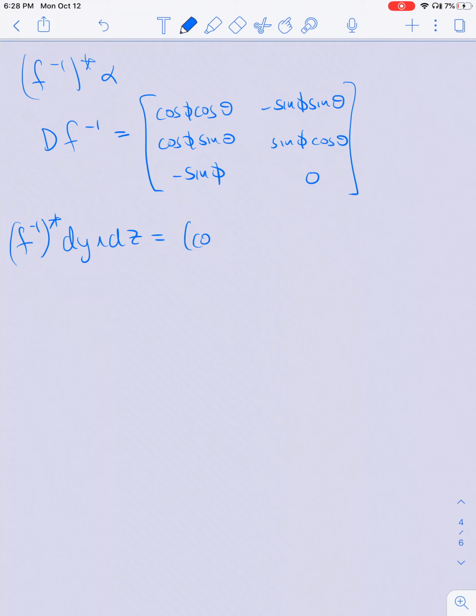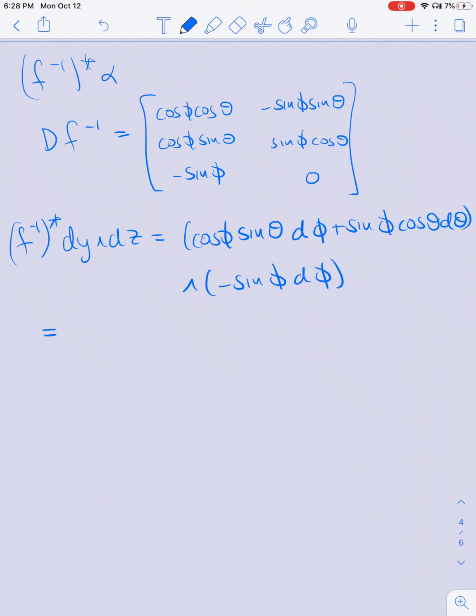So this is going to be cosine phi sine theta d phi plus sine phi cosine theta d theta wedge negative sine phi d phi. And this is easy to compute because the only term that will survive is the wedge product of the theta and the phi. And I like to have my phi's first, so this is going to be sine squared phi cosine theta d phi wedge d theta.